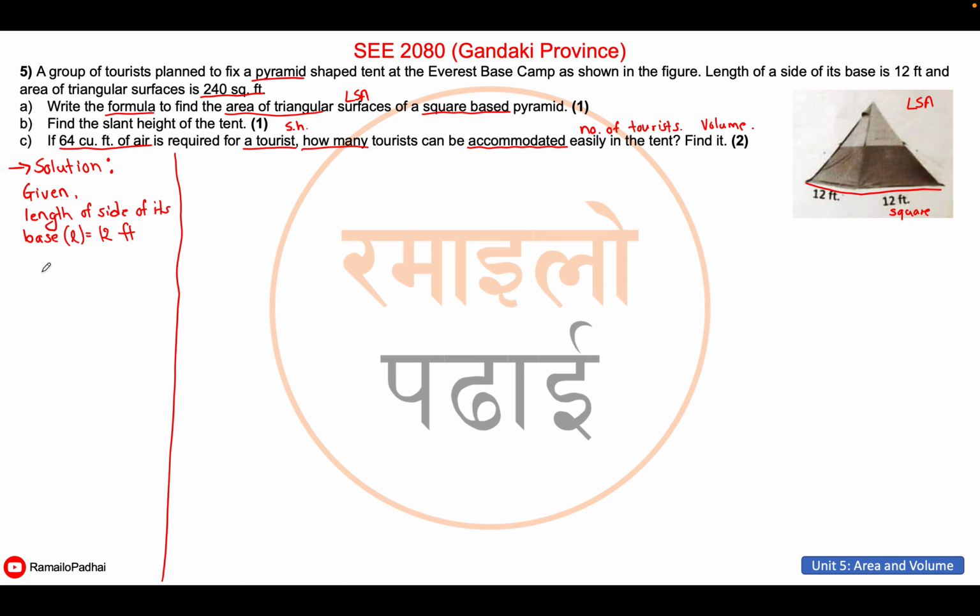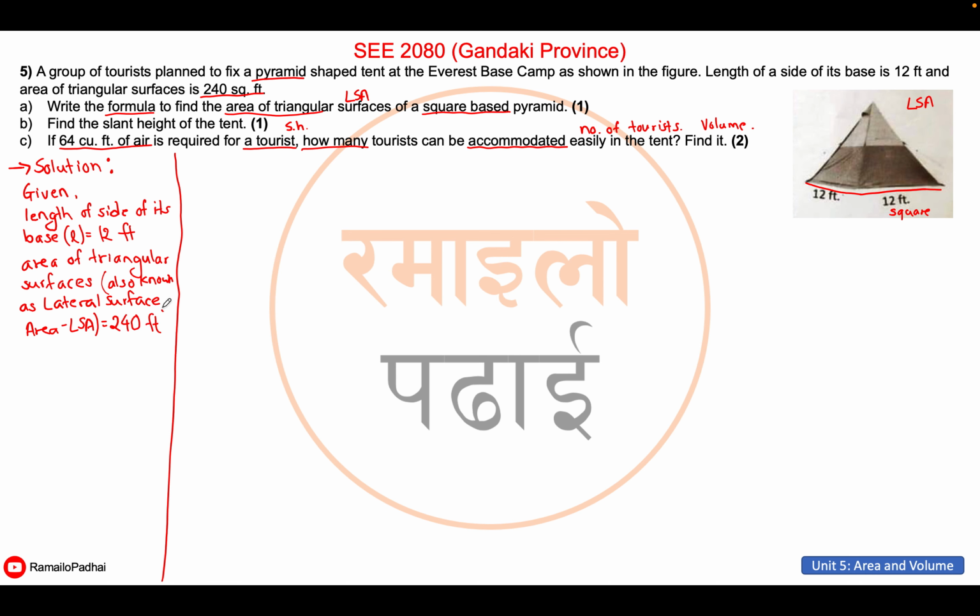Okay, and the area of triangular surfaces, also known as lateral surface area, LSA, is equal to 240 square feet.